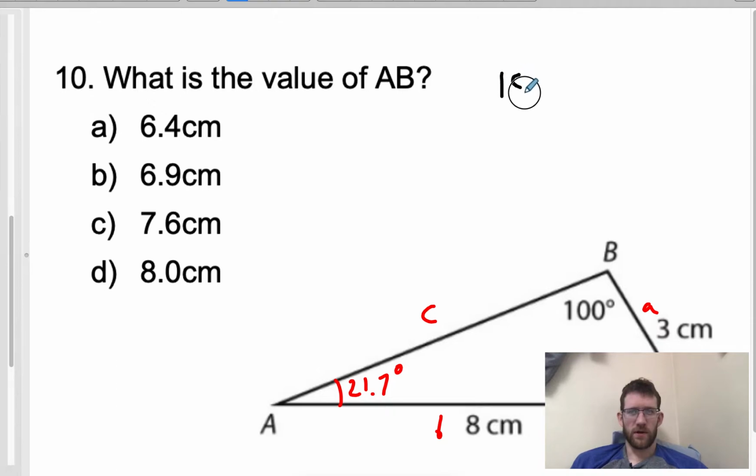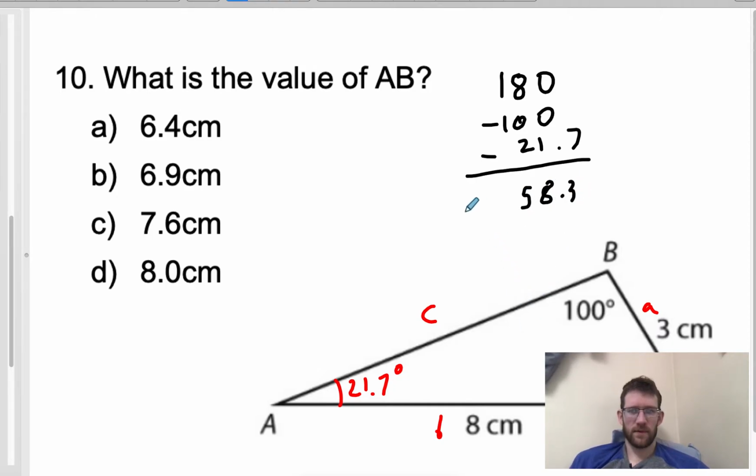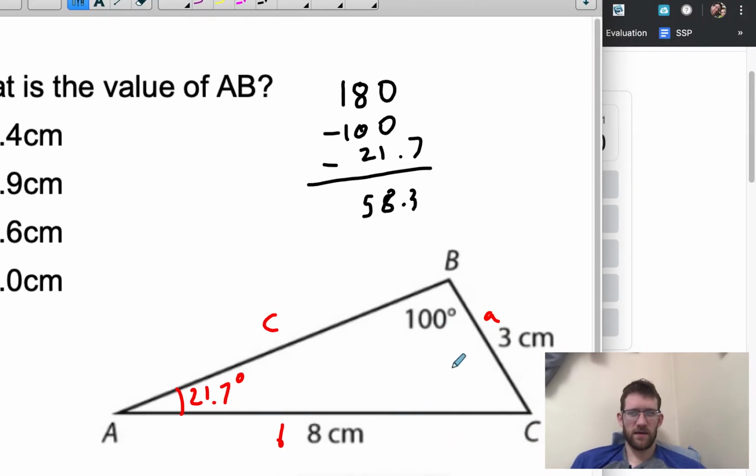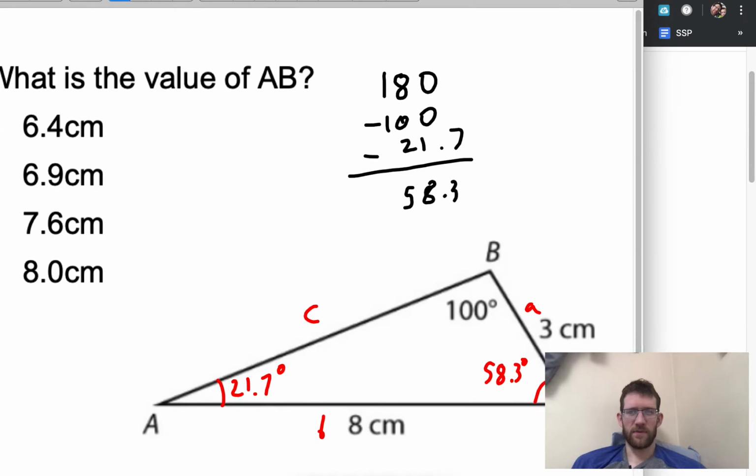We can just do 180 minus 100 minus 21.7 gives me 58.3. So we'll say that angle C is 58.3 degrees. And we get that because of the triangle sum theorem, right?